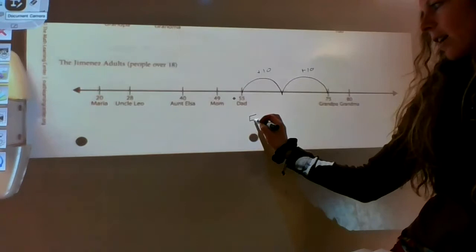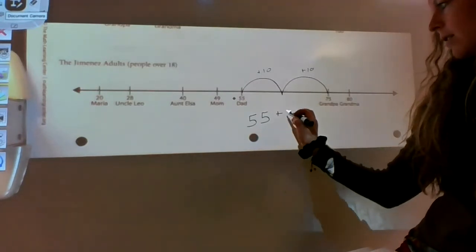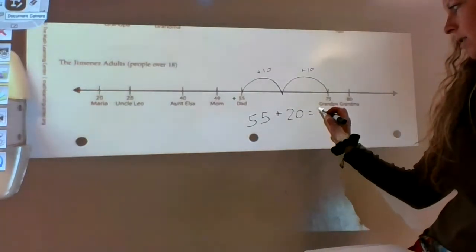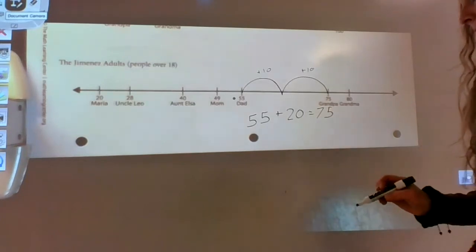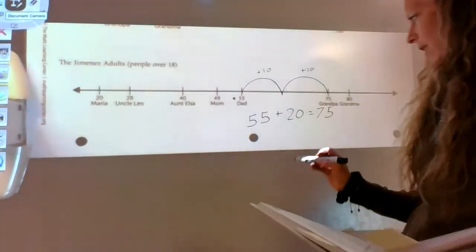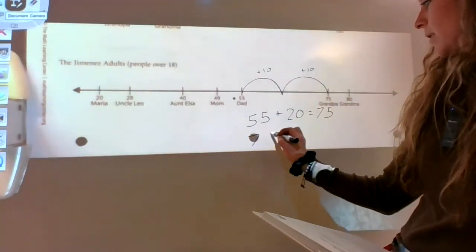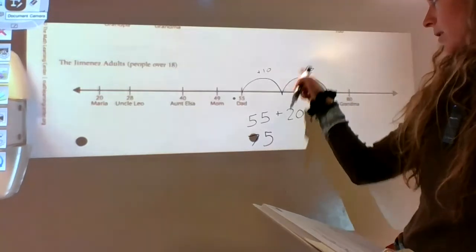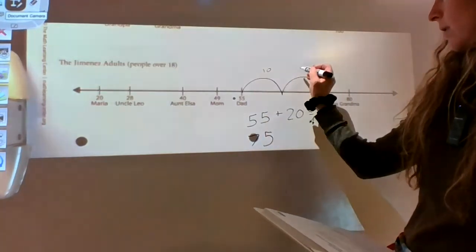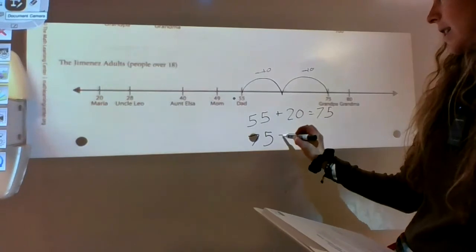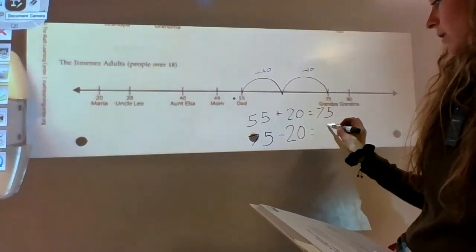So that would look like this. Or the reverse, you could do the subtraction. Start with Grandpa and count backwards. Minus 20 equals 55.